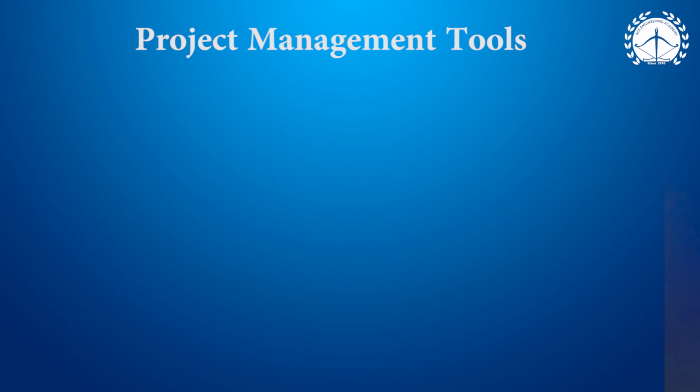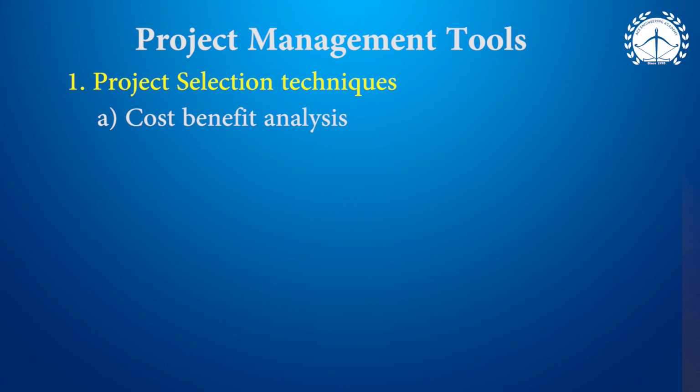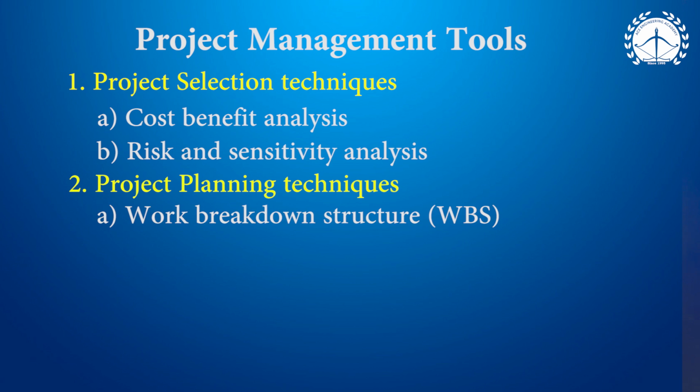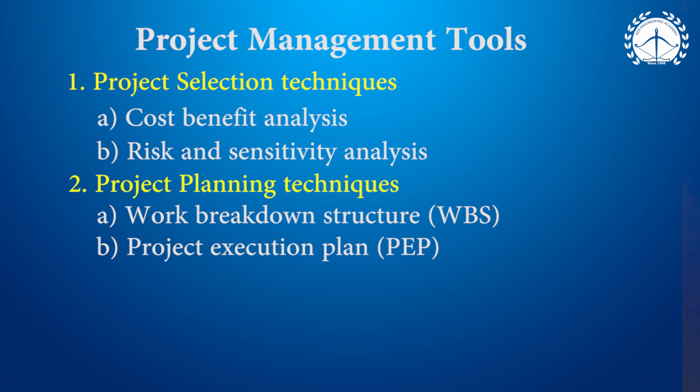And what are the tools under project management? We can classify them under various headings. First, project selection techniques like cost benefit analysis, risk and sensitivity analysis. As per planning, we have to break down the work, which we can call the work breakdown structure, and the project execution plan, project responsibility matrix, project management manuals.